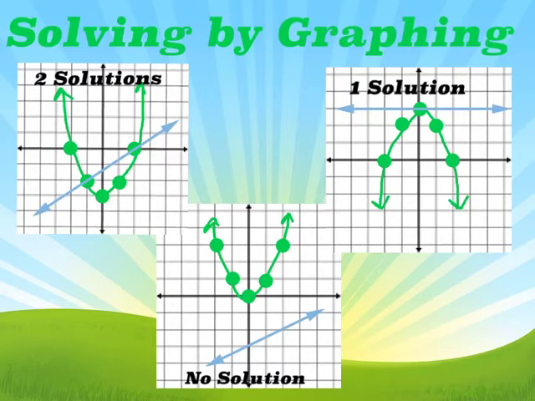Here, these illustrations show two solutions, where the graph crosses twice; one solution, where it crosses only at one point; and no solutions, where they will never intersect.